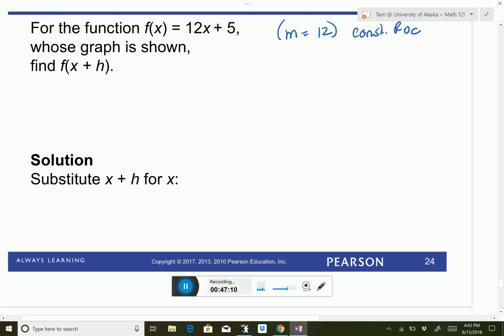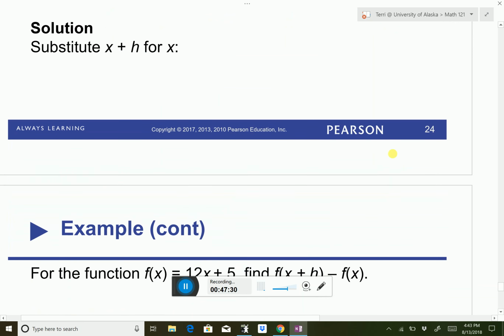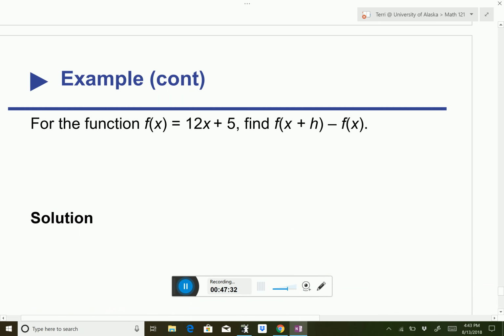Let's see what happens. Let's find f of x plus h. So this means everywhere that I see x, I'm going to put in x plus h in parentheses. So 12 times (x plus h) plus 5. So this is going to be 12x plus 12h plus 5. Okay, so the next thing I'm going to do is find f of x plus h minus f of x.